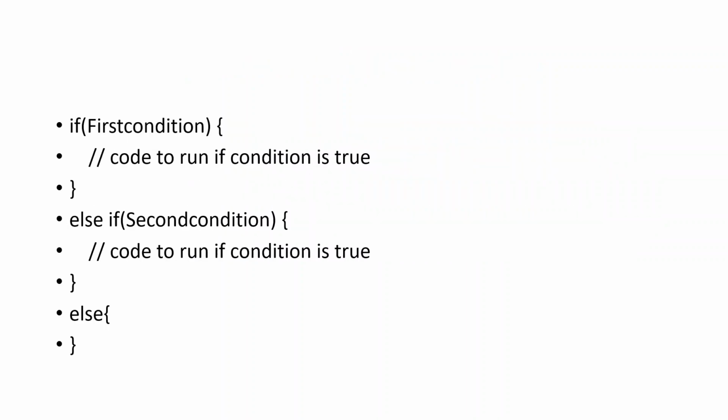Here is the syntax. If first condition, if it is not true, then it moves to else. If second condition, code to run if condition true, else it moves to the else statement.